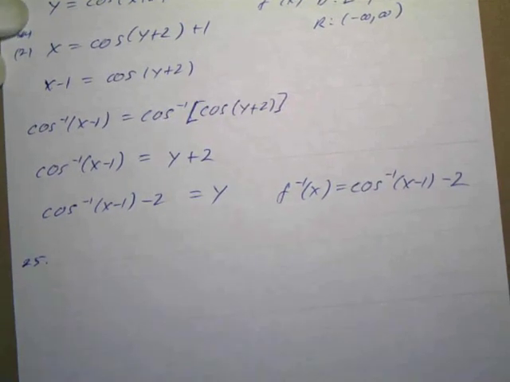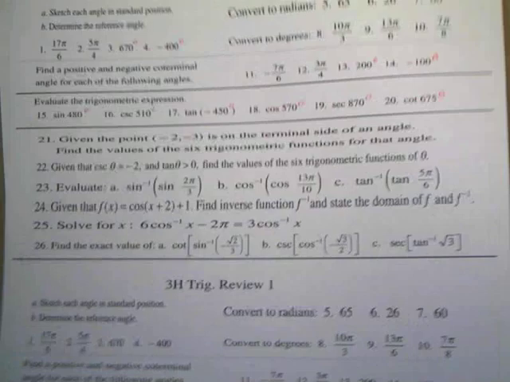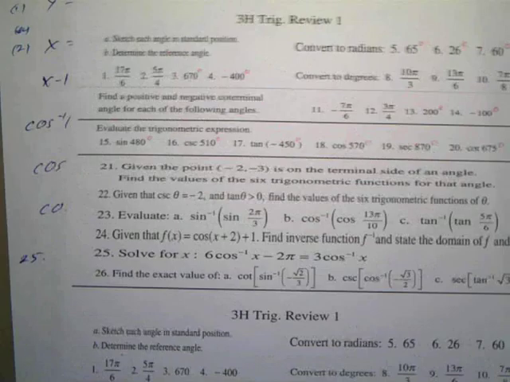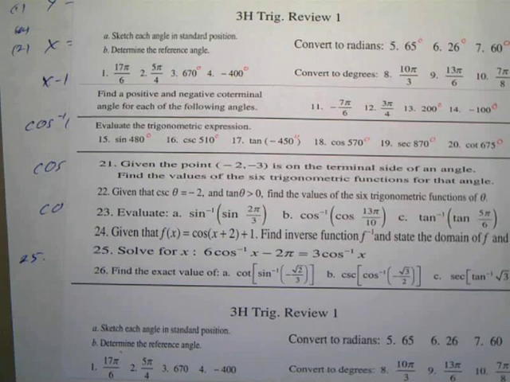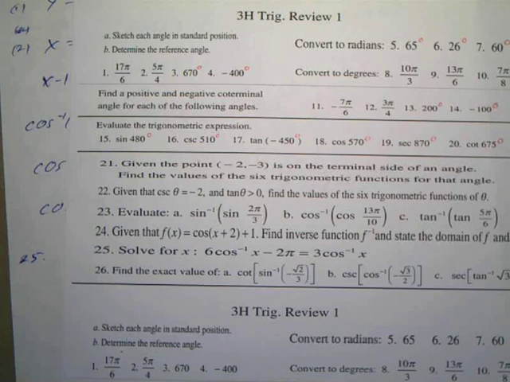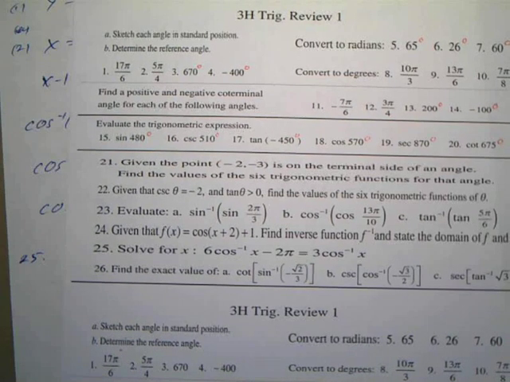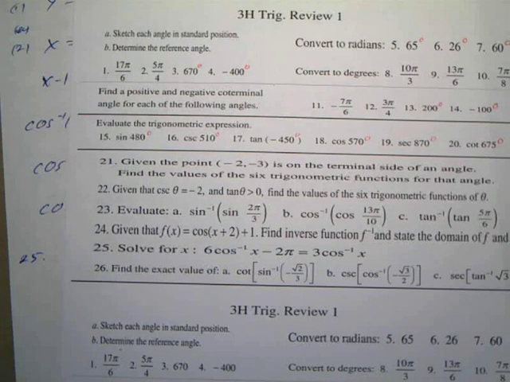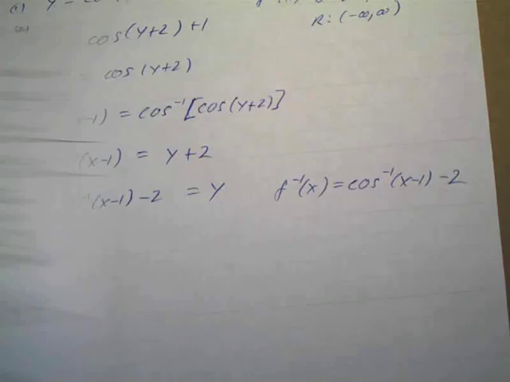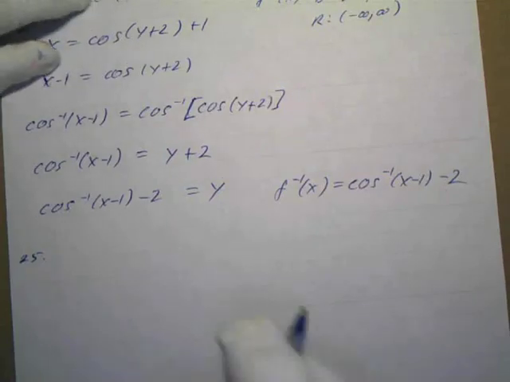Solve for x. You can see it over here. 6 cosine inverse of x minus 2 pi equals 3 cosine inverse of x. All right, so we'll just write that out.